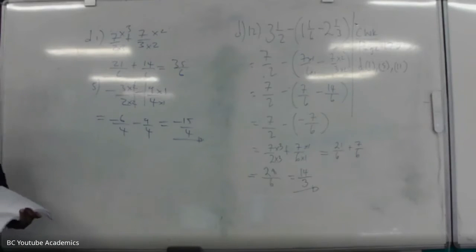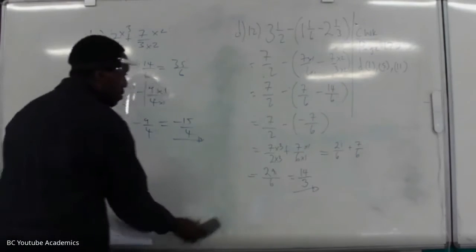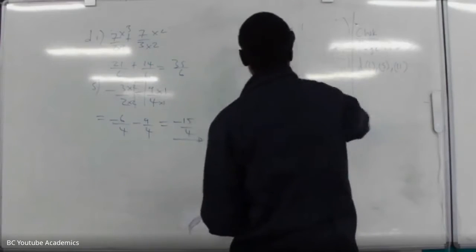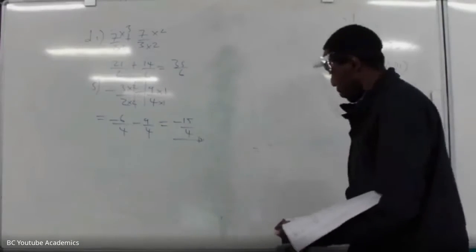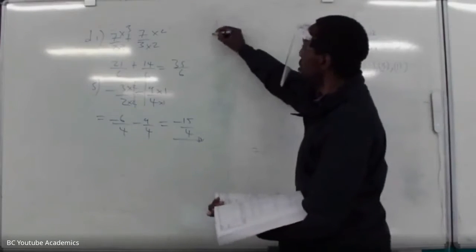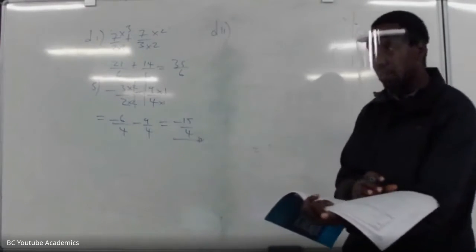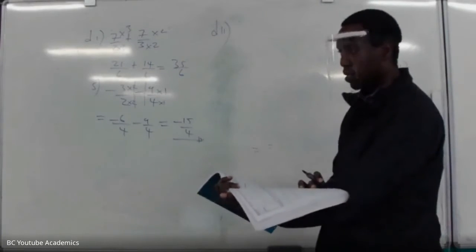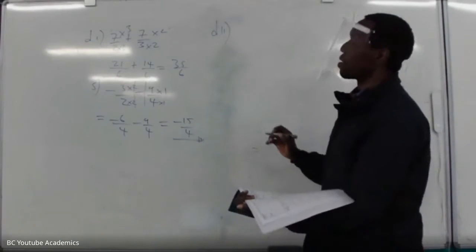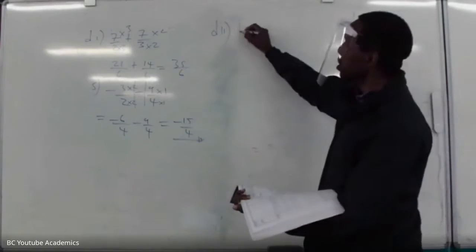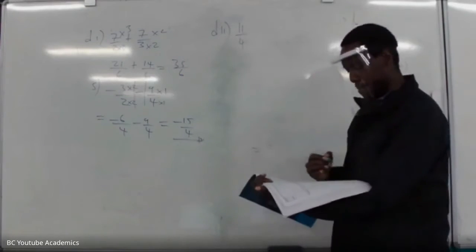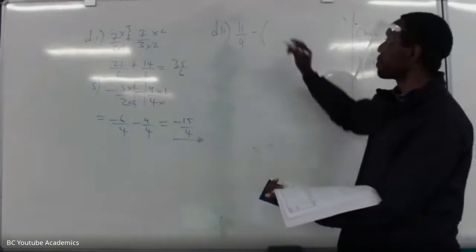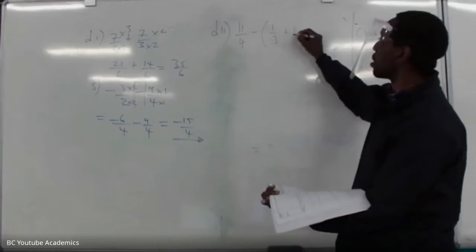We move on to number 11. I'll do number 11 here. So D11, someone? Okay, yes. I converted to 11 over 4, then minus 1 over 3, plus 1 over 2.